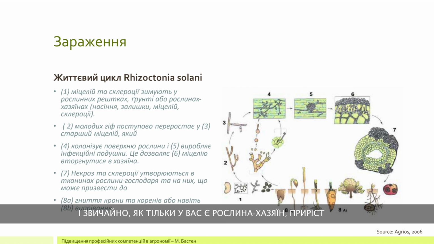As soon as you have host plants, the inoculum grows, and the quantity of inoculum in the soil grows with the residues left in the field, and then the entire process starts again with overwintering forms of the sclerotia or mycelium on straw, seeds and so forth.